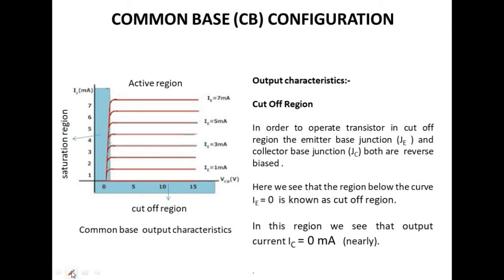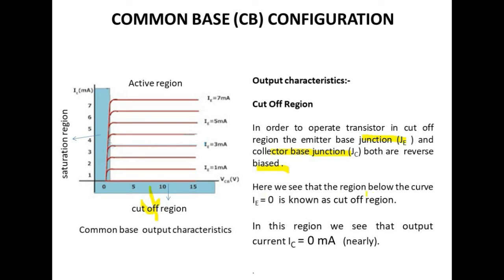Now come to the cutoff region in the output characteristics of the common base configuration. This is the cutoff region. In order to operate the transistor in the cutoff region, the emitter base junction JE and collector base junction JC both are reverse biased.